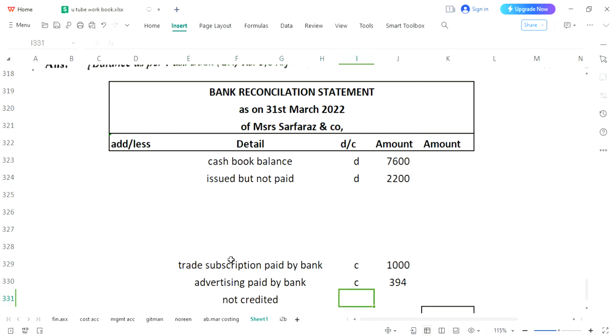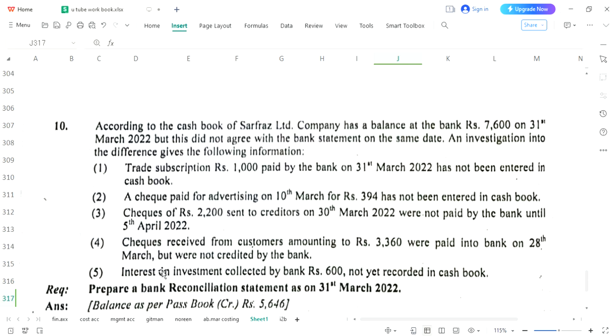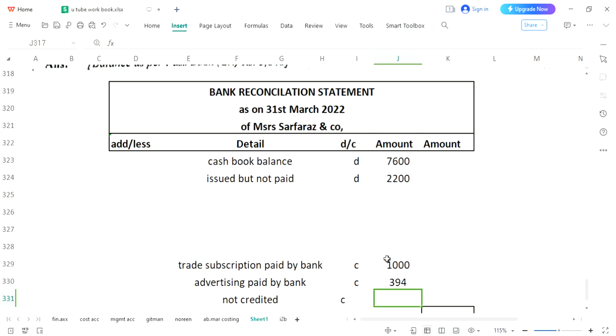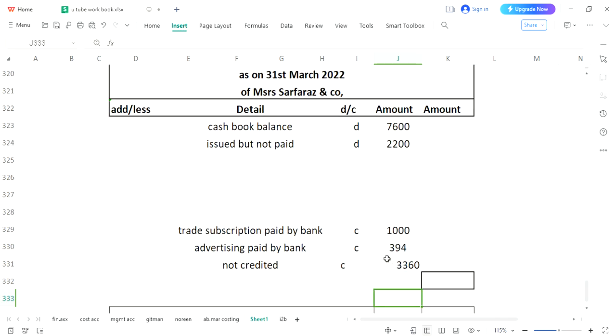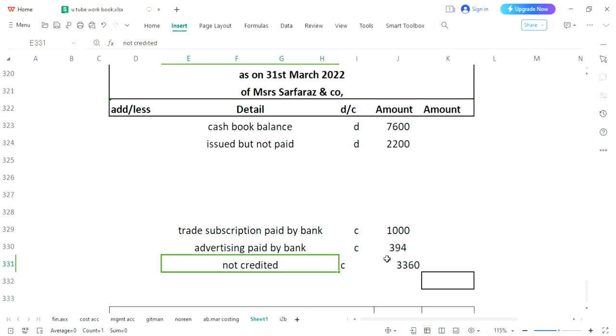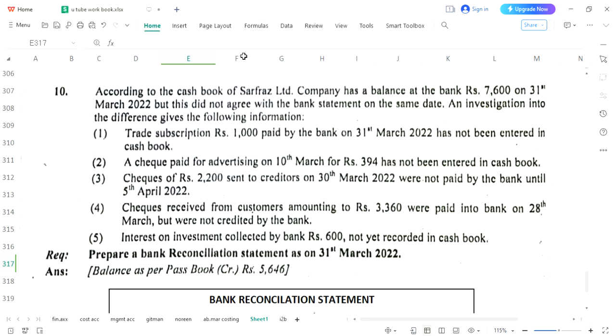So we have chosen the credit side. Let's see how much amount: check received from customer, paid but not credited, 3360. Let's put our amount. Alright guys, so we have completed our entries. Five entries are completed.